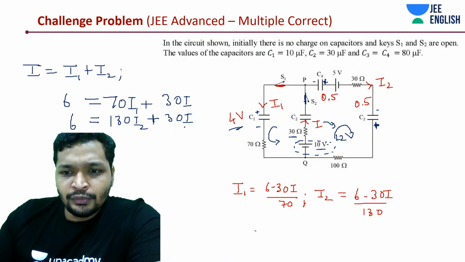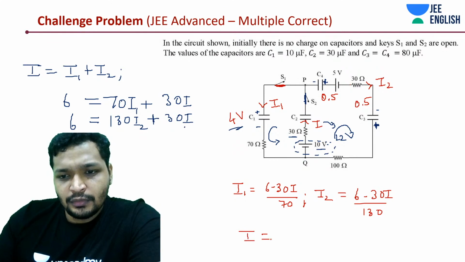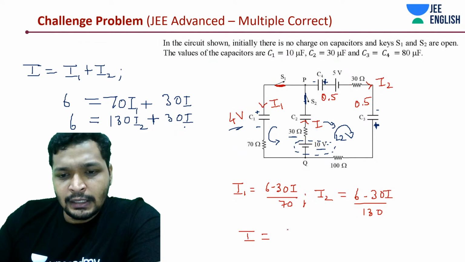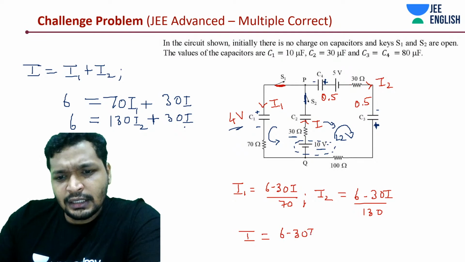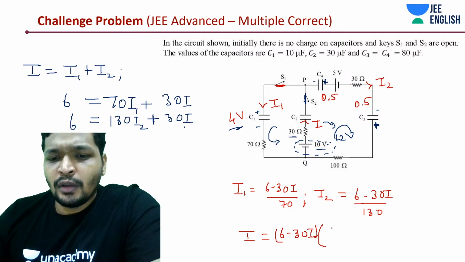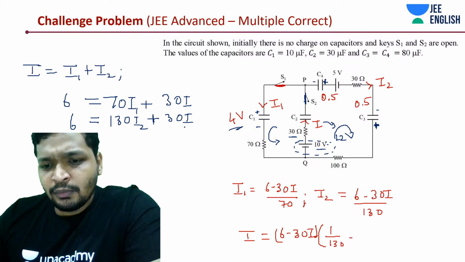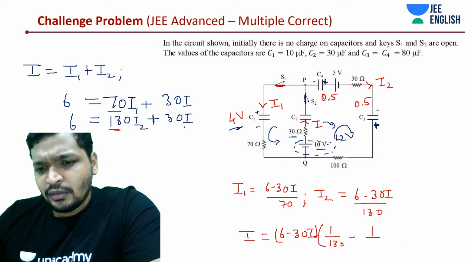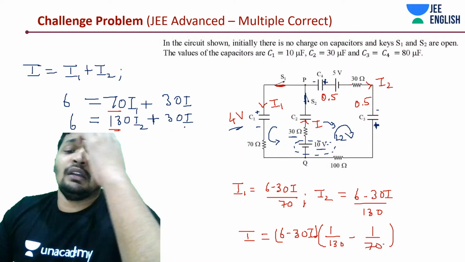So I is equal to 60 minus 30i, taken out as common, is equal to 1 by 130 minus 1 by 70.